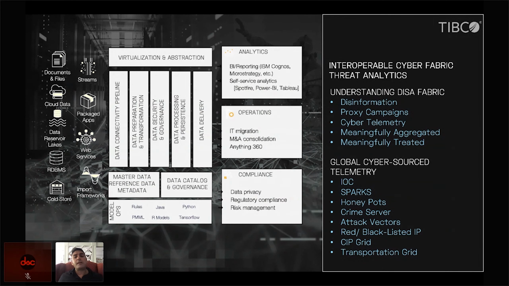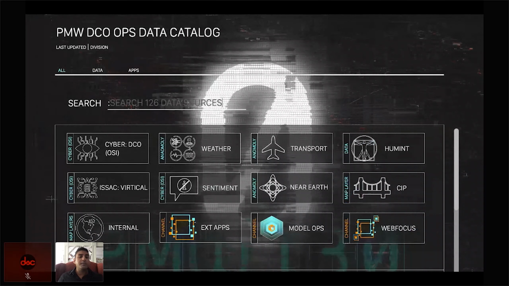In order to do that, often what happens is we can provide a data catalog for DCO ops. So a data catalog for defensive cyber operations that lists out all internal data alongside external data in a category in order to understand what anomaly detection that we can get.